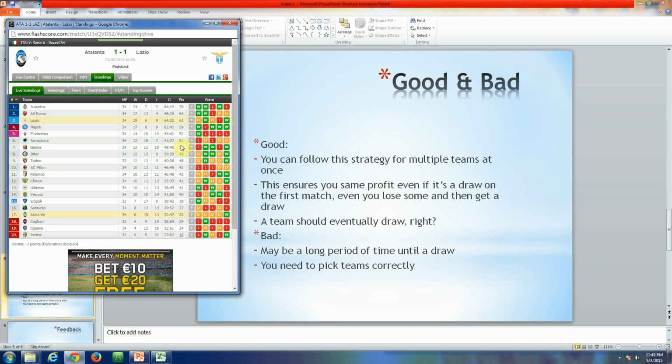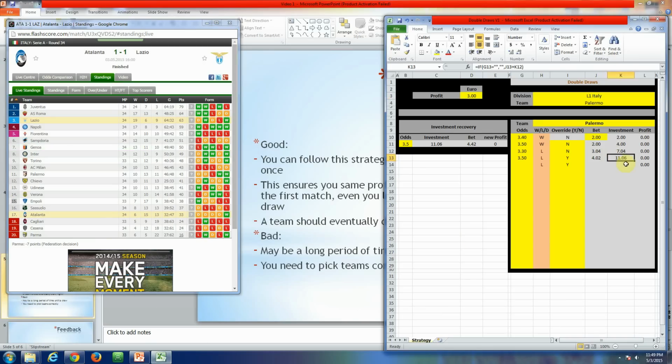For this team you will need to wait more than a month. So if I take one game on each week, it will be 5 weeks without the draw. So you have the investment blocked. You have this money blocked here. Okay, you'll have €15 which will be blocked on this team.